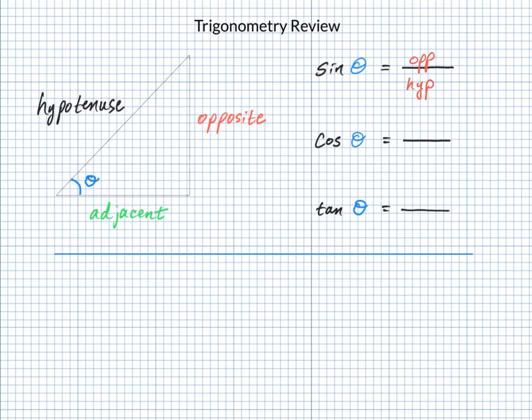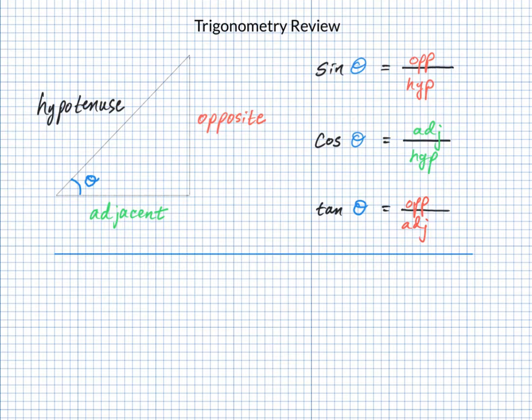If we were trying to find the cosine of theta, we'd be saying CAH, so adjacent over hypotenuse. And then finally, TOA, we would just be going opposite over adjacent. Those are our three big trigonometric functions.